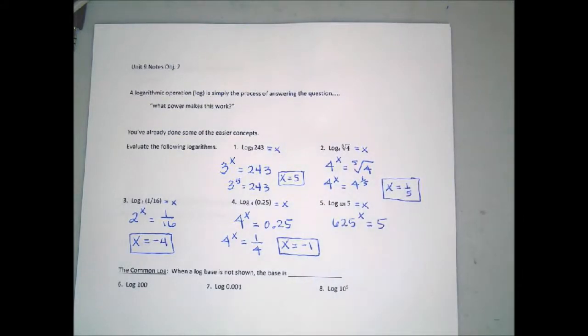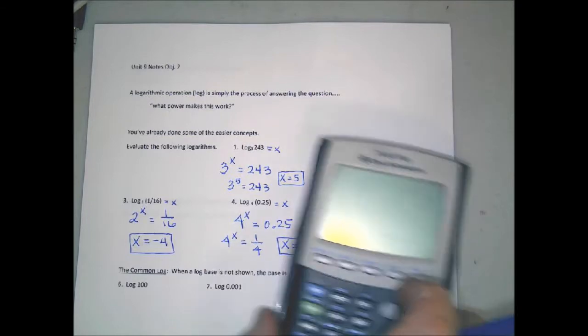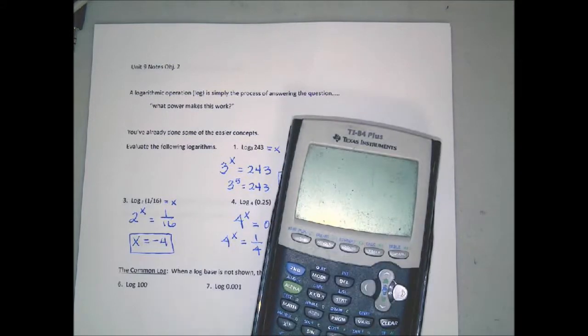Now this one might not be as obvious, so we're going to do a little work. I need to get common bases. Okay? 625 can be expressed as 5 to a certain power. Play around with your calculator a little bit, and you'll see that 5 raised to the 4th power is 625.